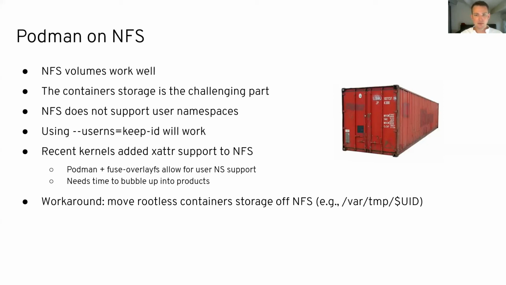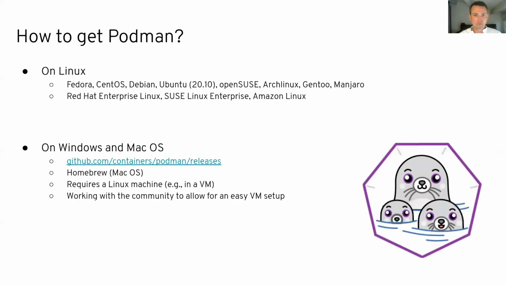Some file systems are less recommended than others, but this is a way to work around the problem. But in many cases, or at least in my experience, most HPC customers and users say, awesome, userns keep-id will solve all our problems, and they're off to go.